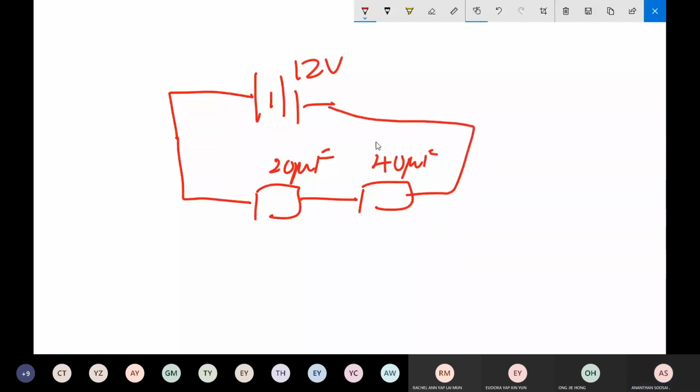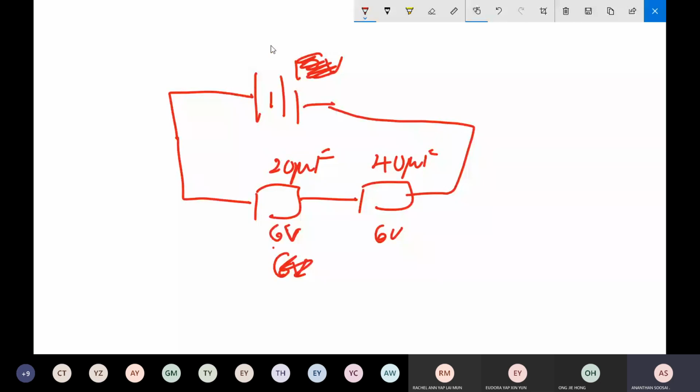Both have a safety voltage of 6 volt. That means if you give more than 6 volt, it is going to explode. Sorry, this battery is not 12 volt.